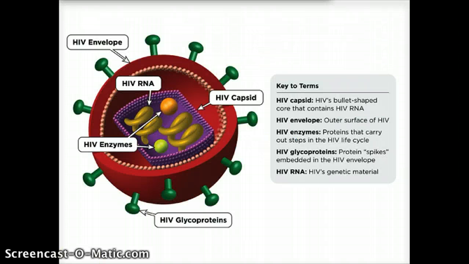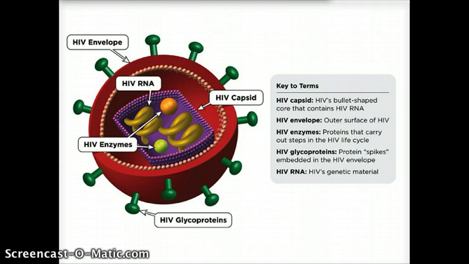This is an illustration of an HIV virion, in other words, of a particle of HIV. As it is represented here, the virion has a spherical shape, but because this is an illustration, we also want to have an idea of what's inside this particle of virus.